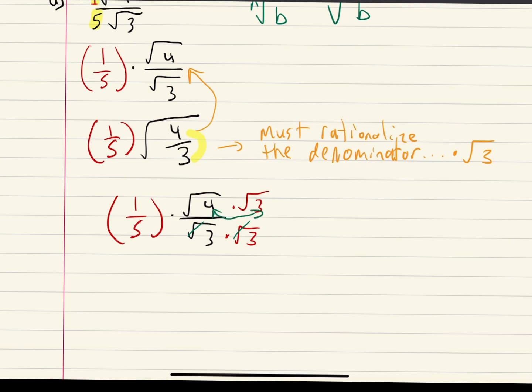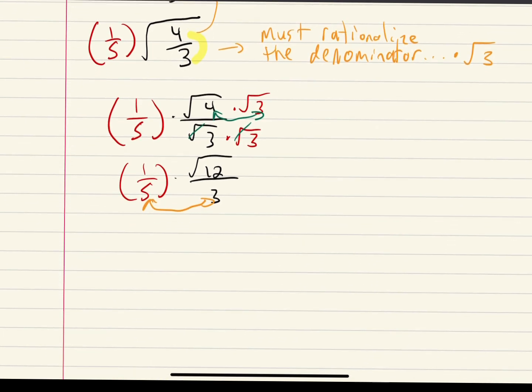So now this is going to become 1 over 5 multiplied by root 12 over 3. Okay, now it's just like multiplying a fraction. The denominators will multiply by each other, and then the numerators will multiply by each other, and that's going to leave us with root 12 over 15.